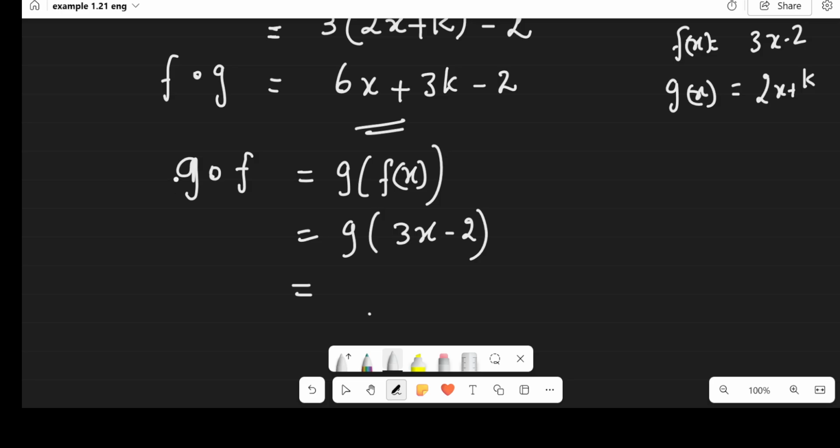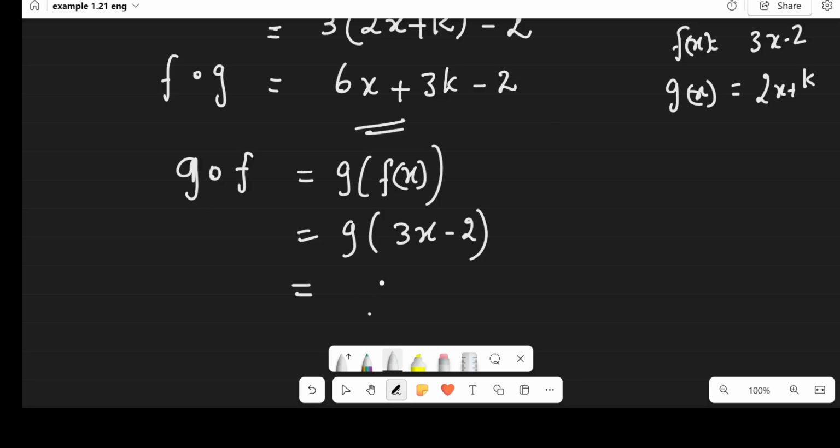Here g of f, right? g is first function, f is second function, right? So g means g of x, f means f of x. So here g of x is the first function, f of x is second function. So I have applied the second function first, and then in g of x function, I'm going to substitute this value in place of x.